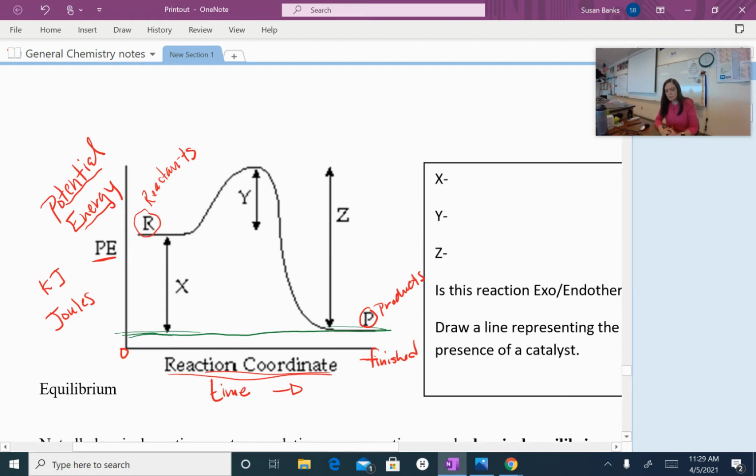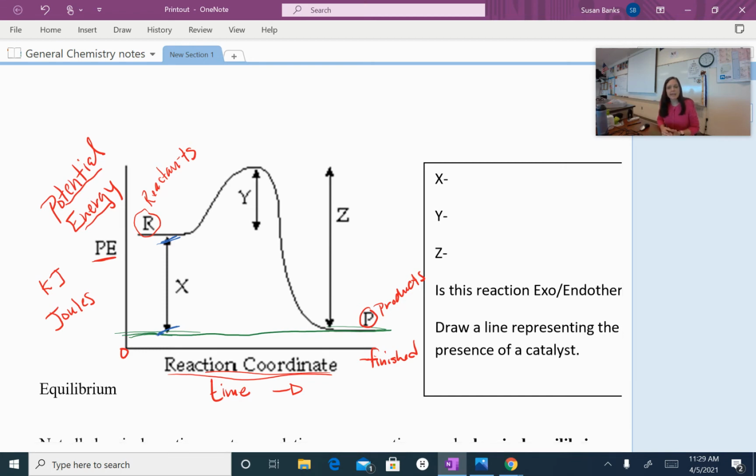Okay? So I'm going to put in a couple of things to help you understand what's going on. Notice that this line X here is the difference between the reactants and the products.